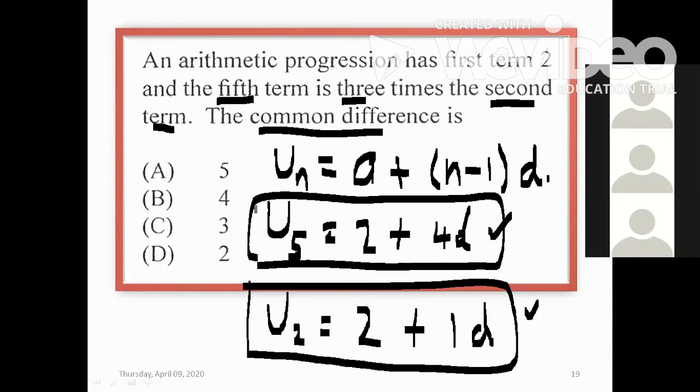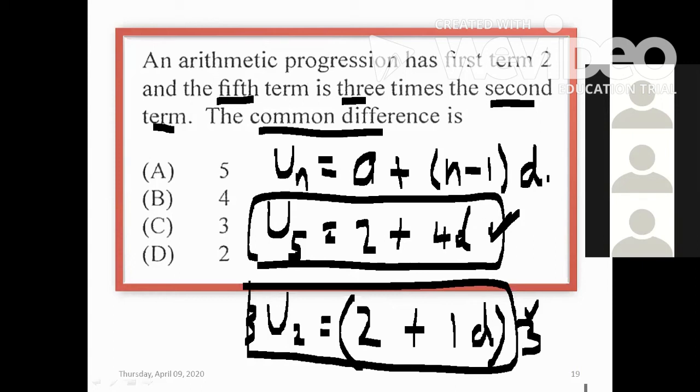Okay. So we understand U5 and U2, right? It says the fifth term, which is represented by this first one here, is 3 times the second term, which is represented by this. So it's actually 3 times, so I'm going to put that 3 there and multiply everything here by 3.